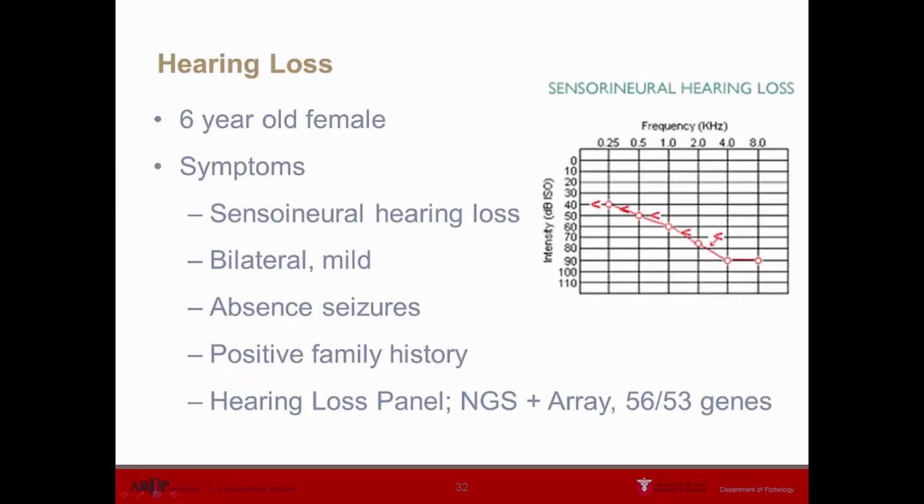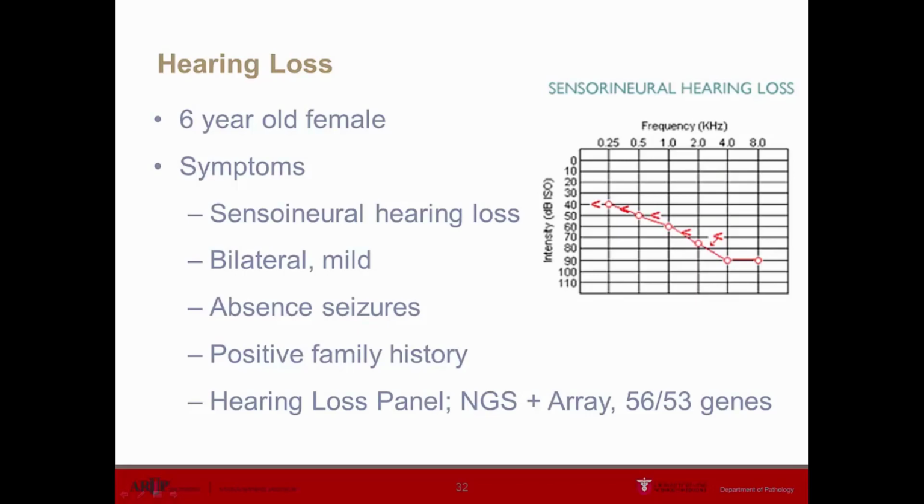This case was a hearing loss case, and the reason I wanted to present it wasn't because of the interesting symptoms, but because if you look at our NGS analysis and our CNV analysis, 56 versus 53 genes there. And that is because, as I showed at the beginning, not all genes are amenable to coverage on an array.